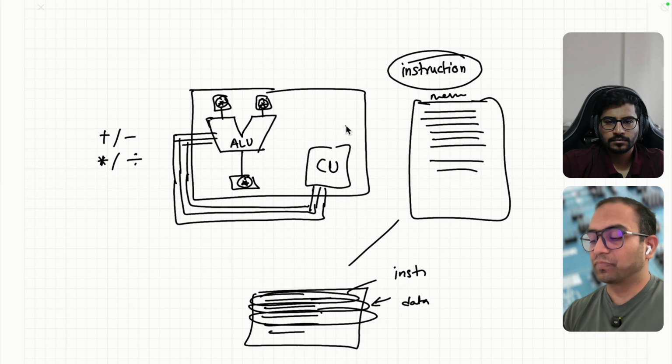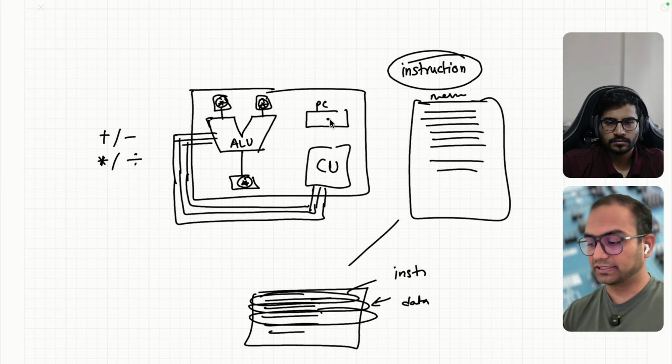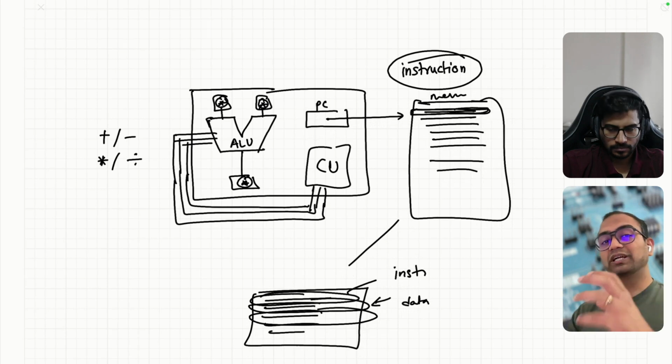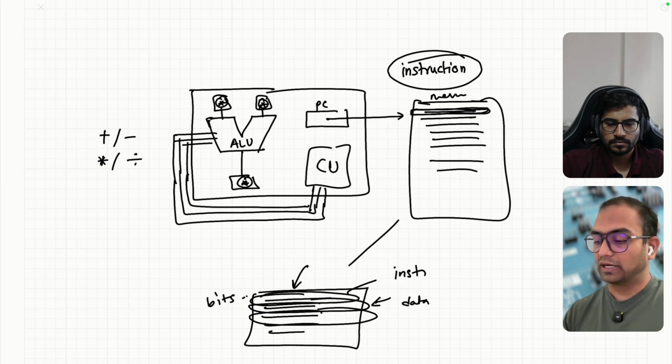But essentially, there would be something called a program counter inside a CPU. This is true even today. And the program counter is essentially keeping track of which address in the memory, which location in the memory, to fetch the bits from. And those bits, that's my claim, are going to be treated like an instruction for the CPU.